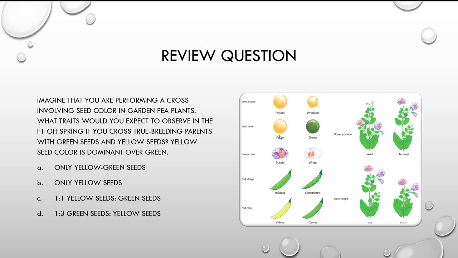So we are crossing yellow seed to green seed of true breeding varieties. What do we expect to see in the F1 generation? Is it A, only yellow-green seeds, B, only yellow seeds, C, a 1-to-1 ratio of yellow to green seeds, or D, a 1-to-3 ratio of green to yellow seeds?